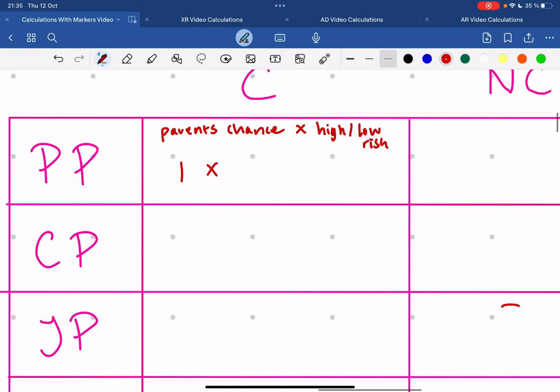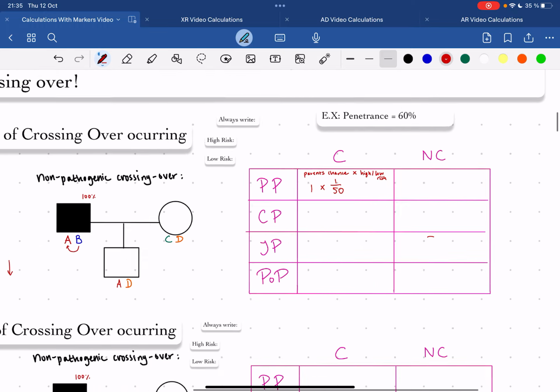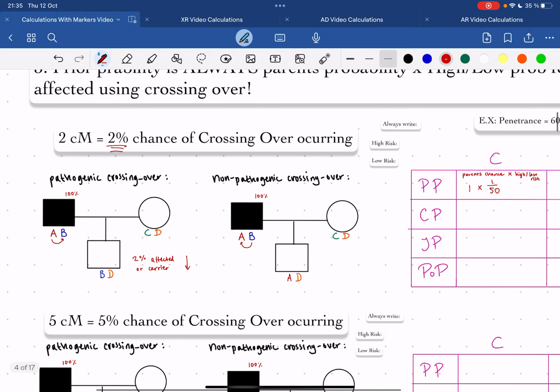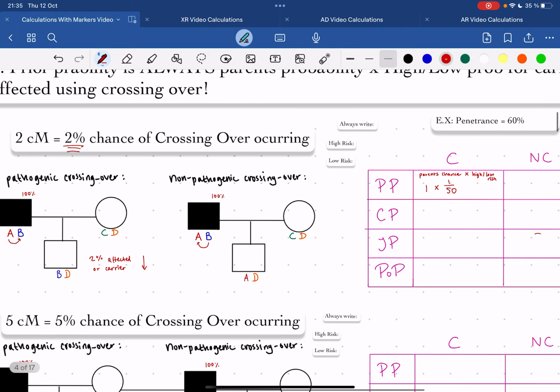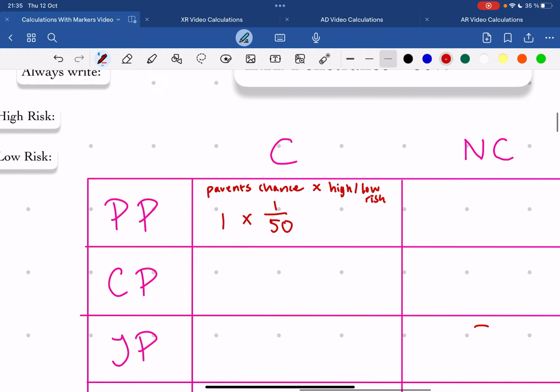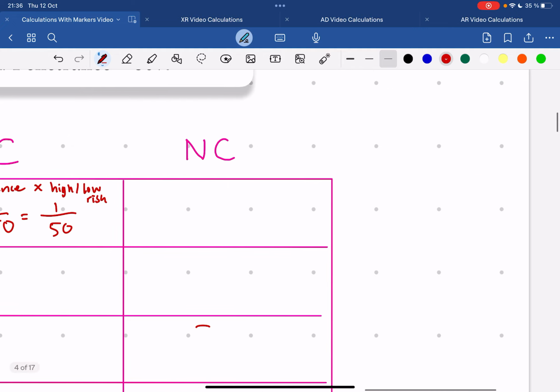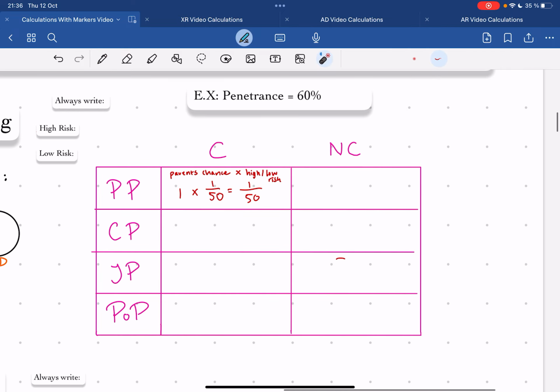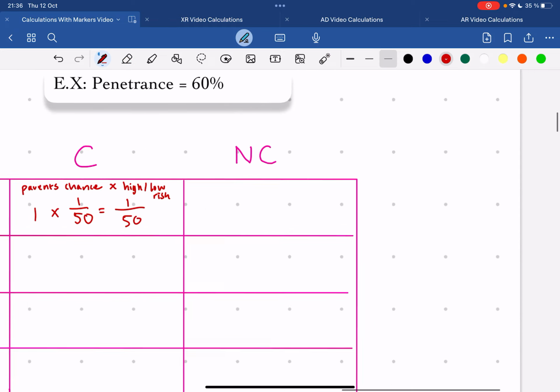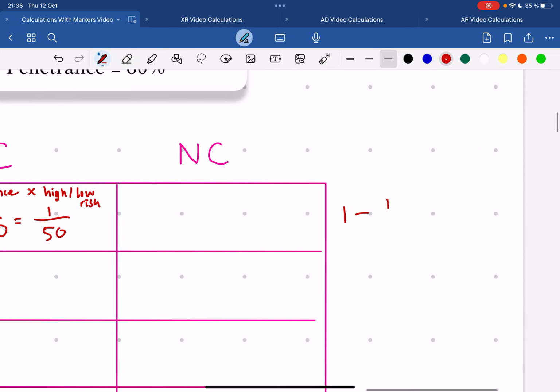So we would have 2%, which also is represented by 1/50. And that is equal to 1 in 50. For non-carrier, the rest is always the same as we've always done. So for non-carrier probability, it's 1 minus 1/50th, which is equal to 49/50th.